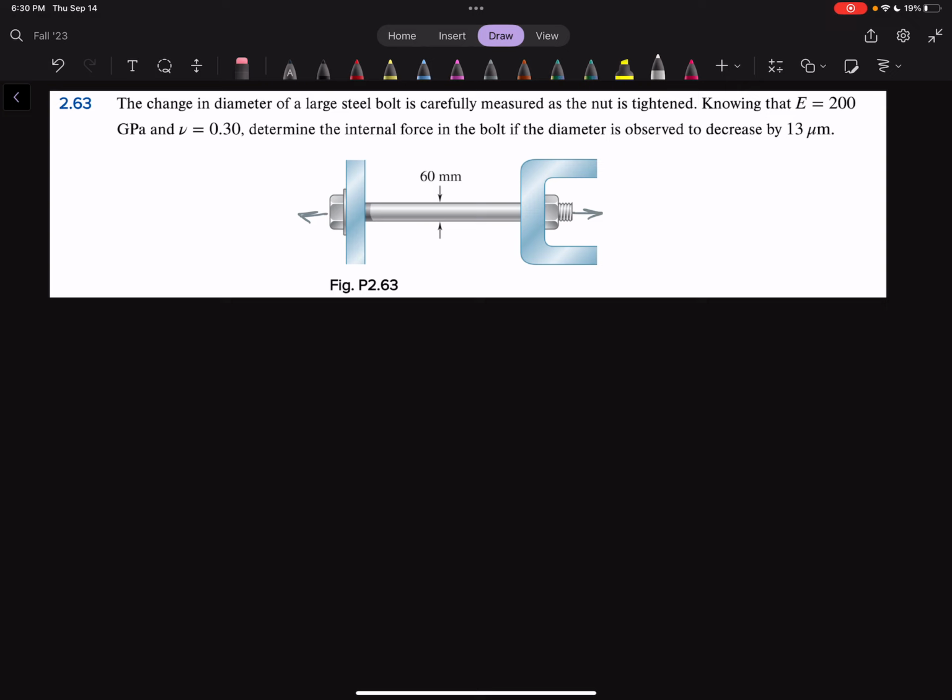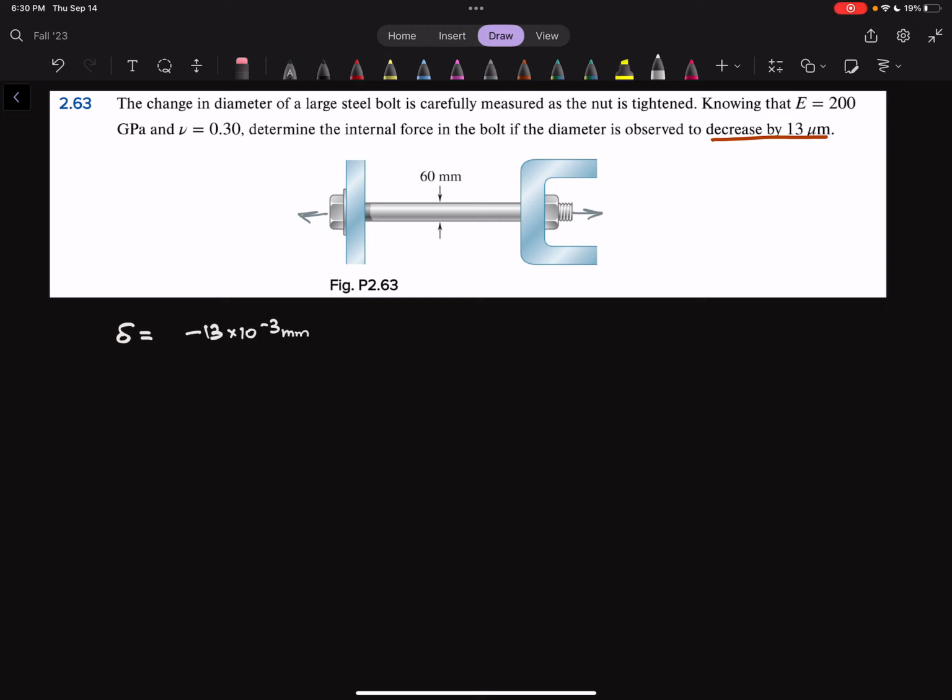First I'm going to find the deformation. They told us the deformation decreased by 13, so the deformation delta is going to be minus 13 times 10 to the negative 3 millimeters.